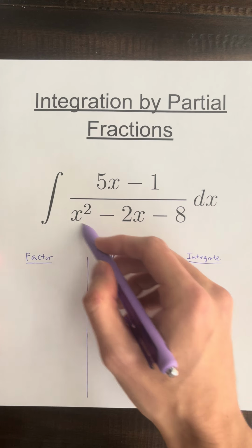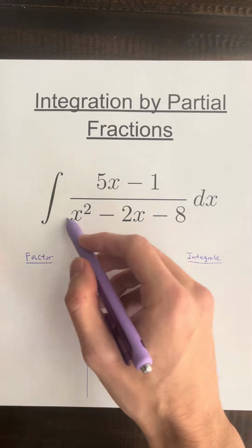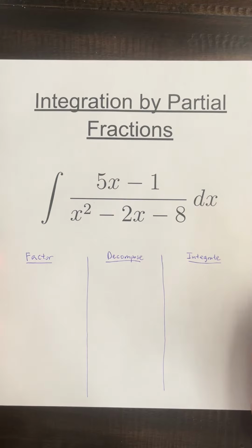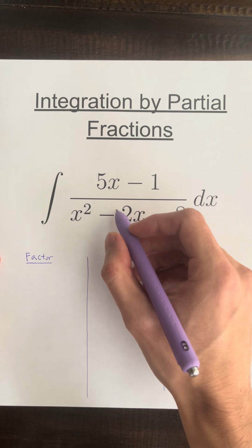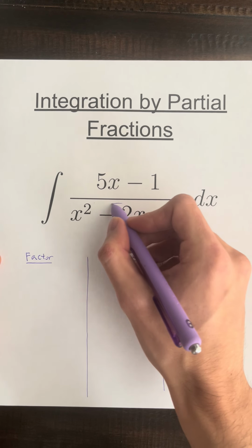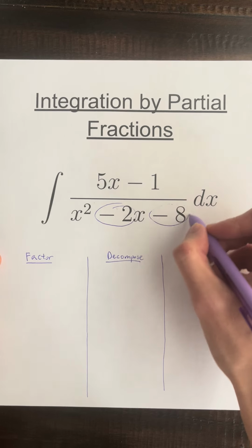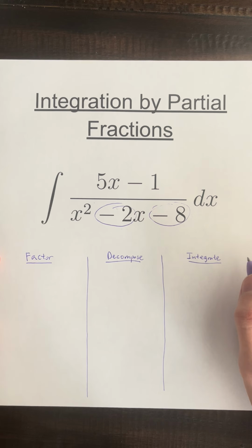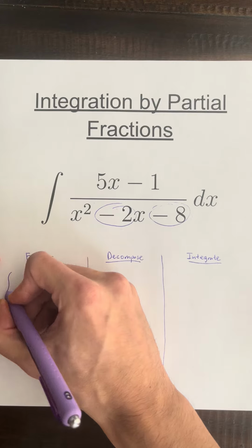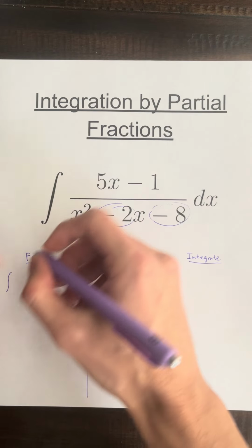So how do we factor this? Well, we need 2 numbers that add to -2 and multiply to -8. What are those 2 numbers? Okay, so I'm going to copy this real quick.